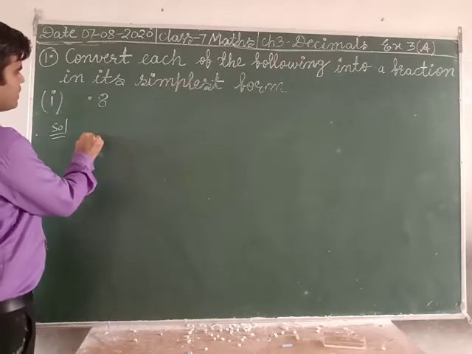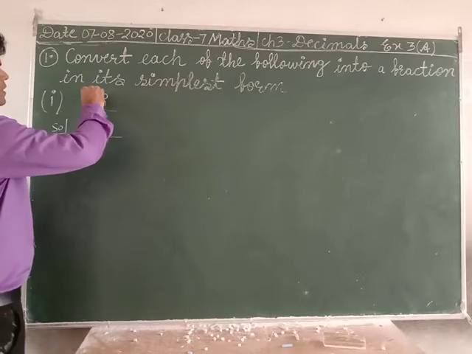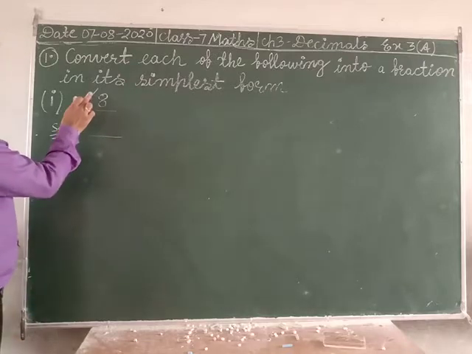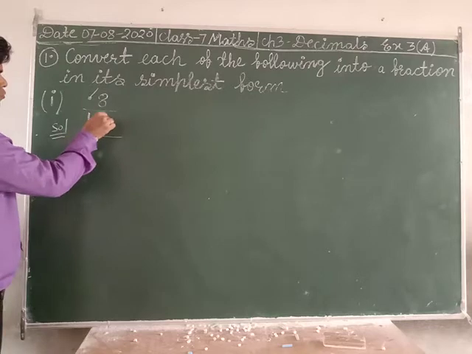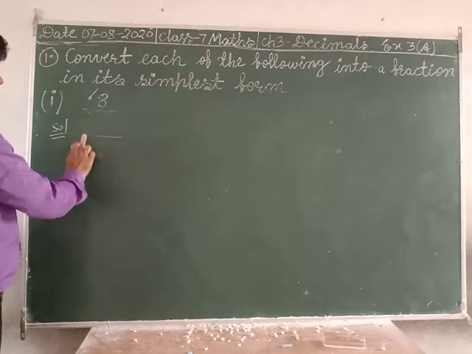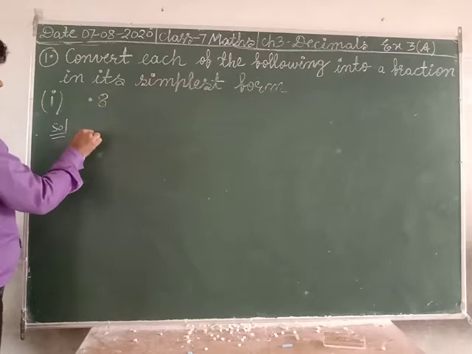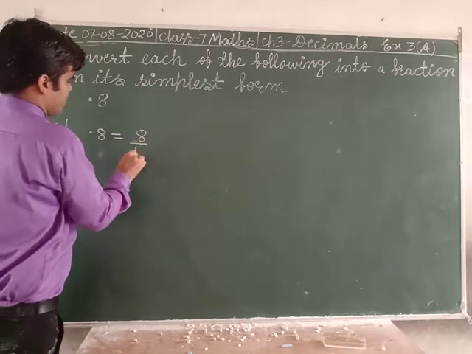Here is a decimal. In the rough, I am explaining: we erase the decimal point, means we remove the decimal and put 1 in its place. Now after that, 8 is only one digit, so we put one 0. So 0.8 is equal to 8 upon 10.